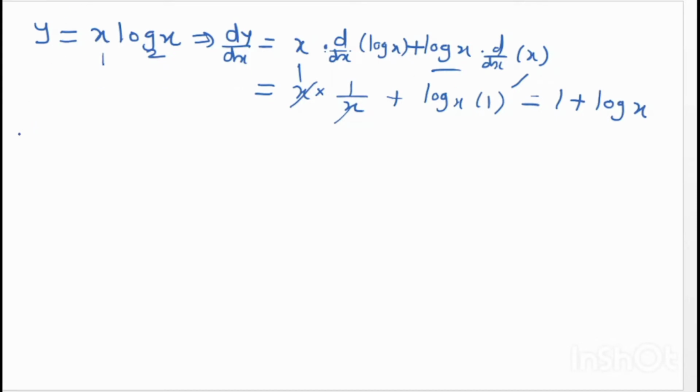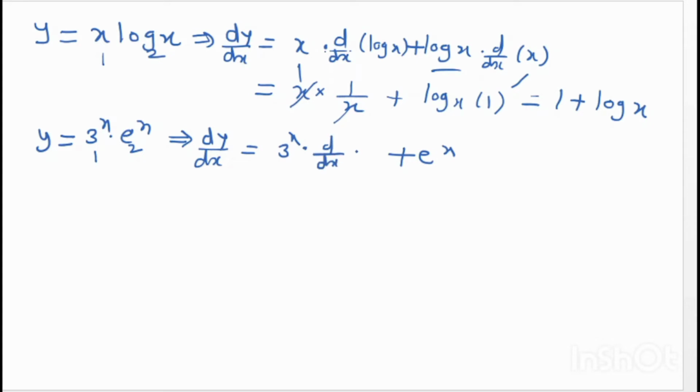Next example, y is equal to, very simple, 3 raised to x into e raised to x. We directly solve dy by dx again by using the property. We remember the property: this is our first and second. First go first, second go second, take the plus sign between them and the derivative of the absent. Here the absent term is e raised to x, so we take the derivative out of 2.